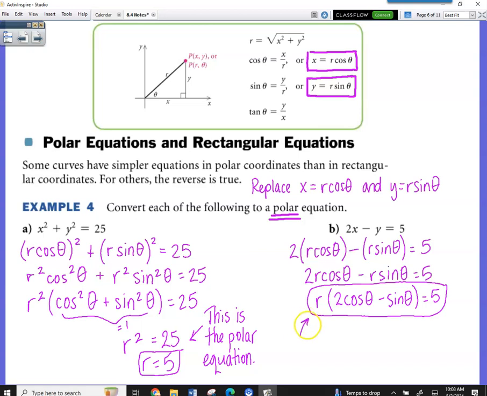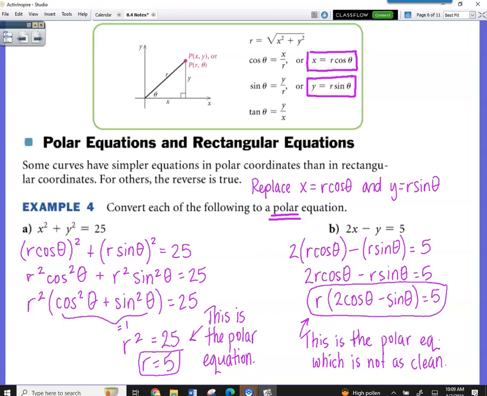But we're going to make a note: this is the polar EQ for equation, which is not as clean as the equation it started at. It was 2x minus y equals 5. That's a much nicer equation than r times the quantity 2 cosine theta minus sine theta equals 5. That's not as nice.